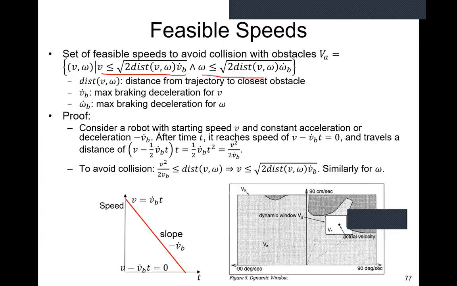So the proof is similar to what I showed before. Suppose you have a robot with starting speed V and constant deceleration minus VB dot to go to speed 0 at time t, you can compute the distance as this equation here.